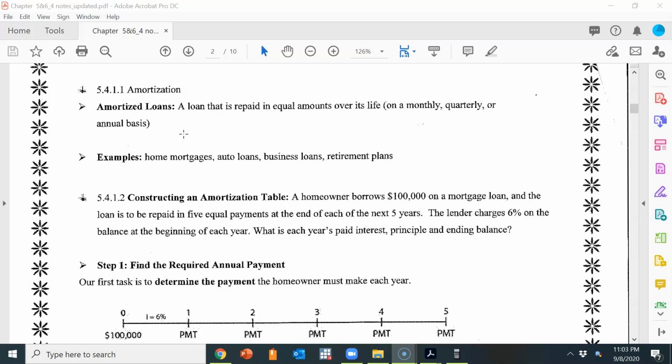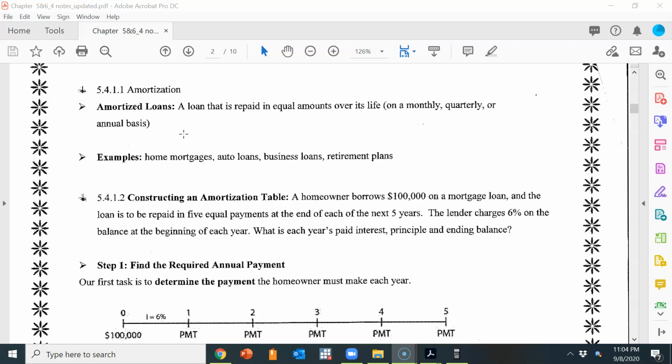If you're borrowing a lump sum today and you plan to pay it back in the terms of an annuity, meaning you are paying the same amount at a fixed interval for a certain period of time, we will say this is an amortized loan.